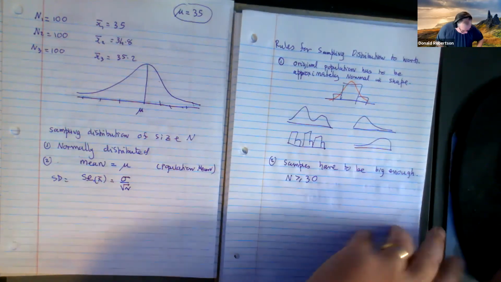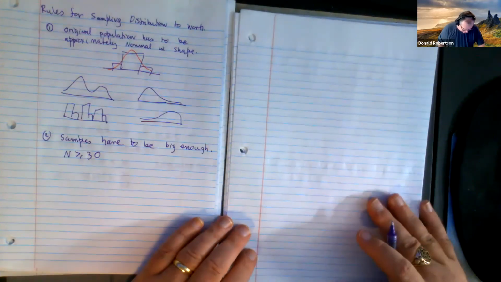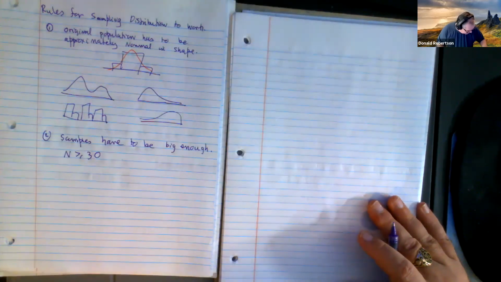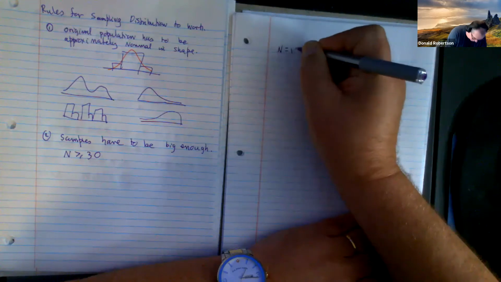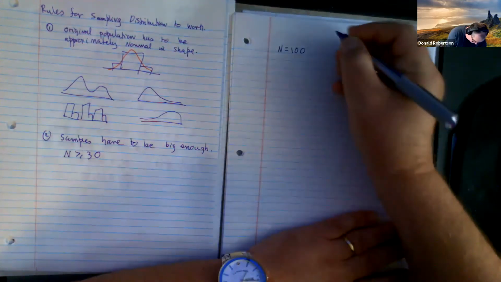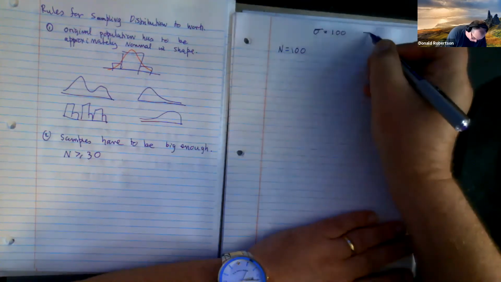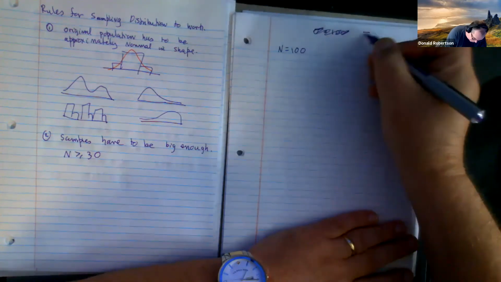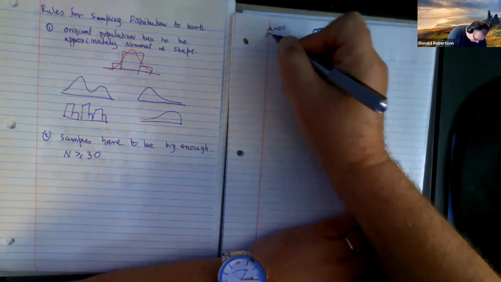So let's do a pretend question, then we'll look at some homeworks. Let's suppose I'm interested in the average IQ of OC students. So I collect a sample of 100 of you, and I happen to know that the mean of an IQ is 100, and that sigma, the standard deviation, is 50.